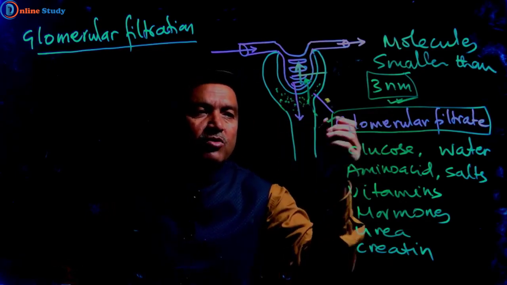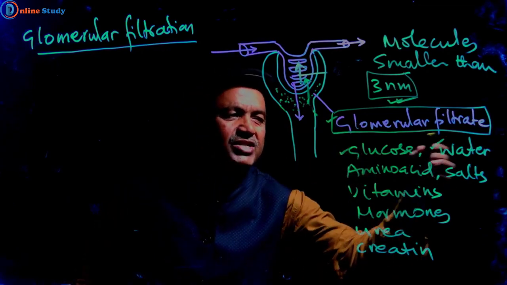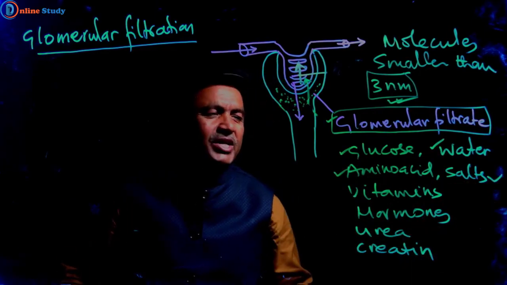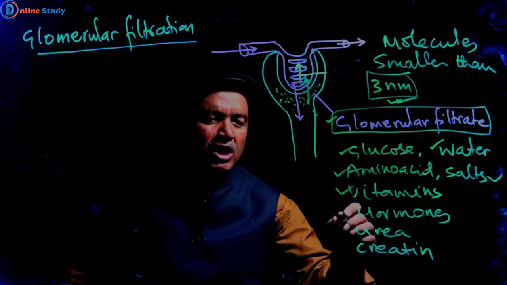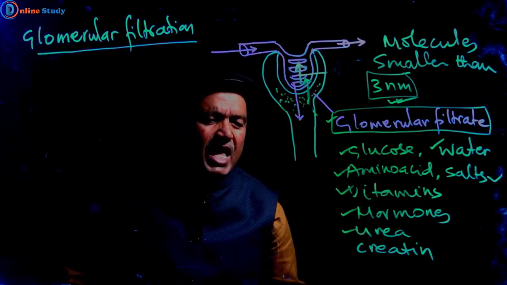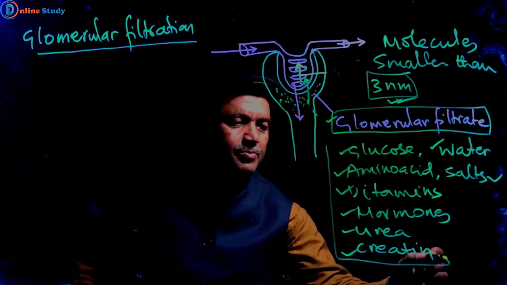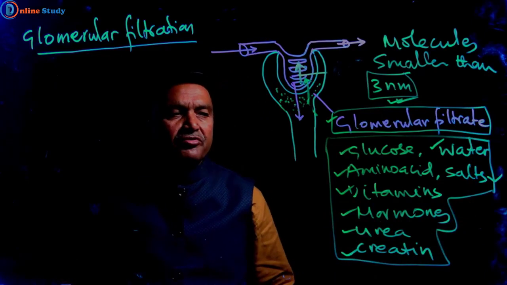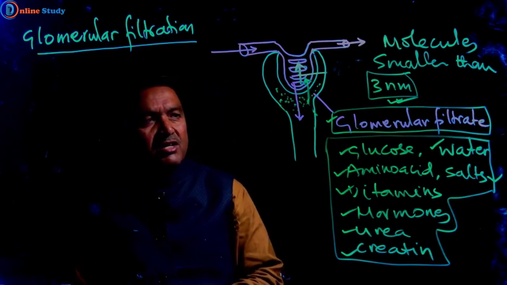And this glomerular filtrate consists of glucose, water, amino acid, salts, or we can say minerals, vitamins, hormones, urea, and creatinine. These are the substances present in glomerular filtrate.